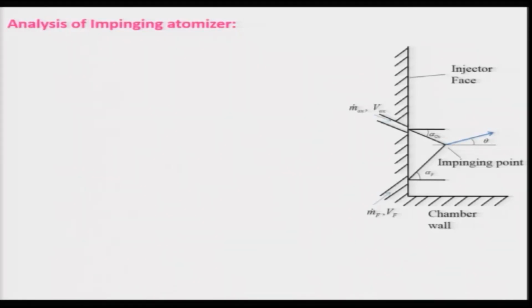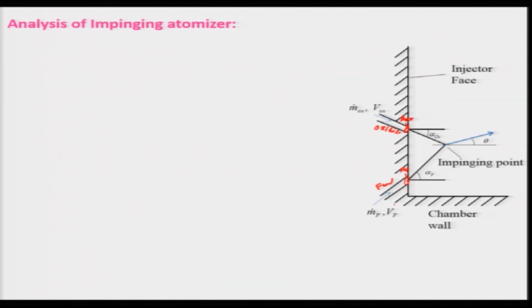So, let us now look at how to analyze the impinging atomizer. We are considering the generic atomizers. In this diagram, we are considering two streams, this is your fuel stream and this is your oxidizer stream, which are impinging. The fuel stream is passing through this orifice with a certain area. Let us say this is your AF and this area is A oxidizer.